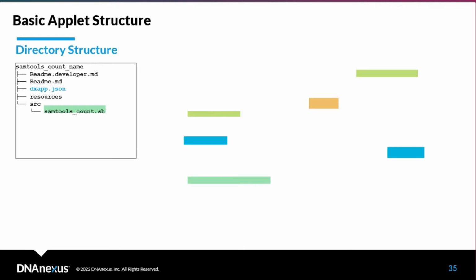What we can see here is a typical skeleton, which consists of dxapp.json. We will be talking about it in a second. Then we would need a resources directory, and also a src directory, which is the place where we would create the main logic, which is a shell script.